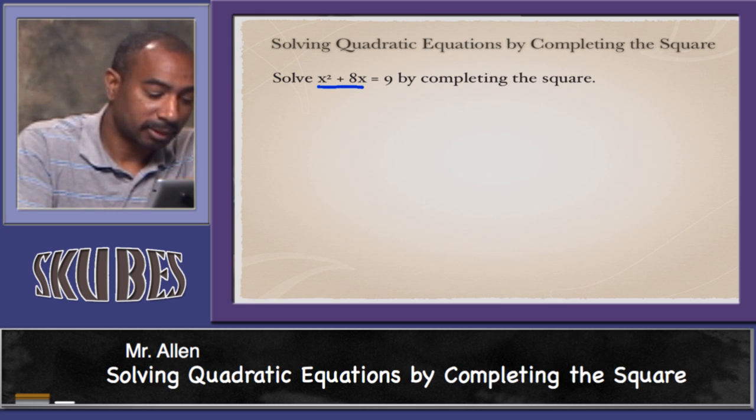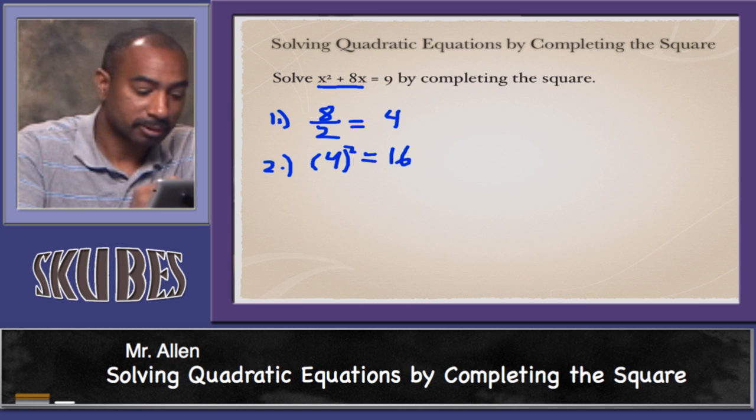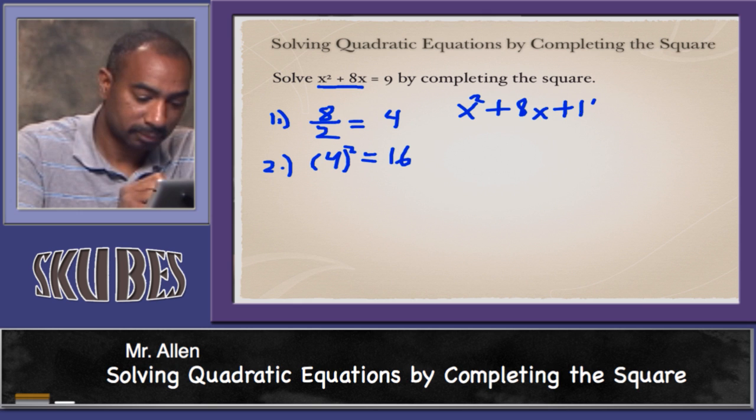My linear coefficient is 8. I divide it by 2. That gives me 4. Second step is I square the result. So 4 squared is 16. So now watch this. I'm going to go x squared plus 8x plus 16.